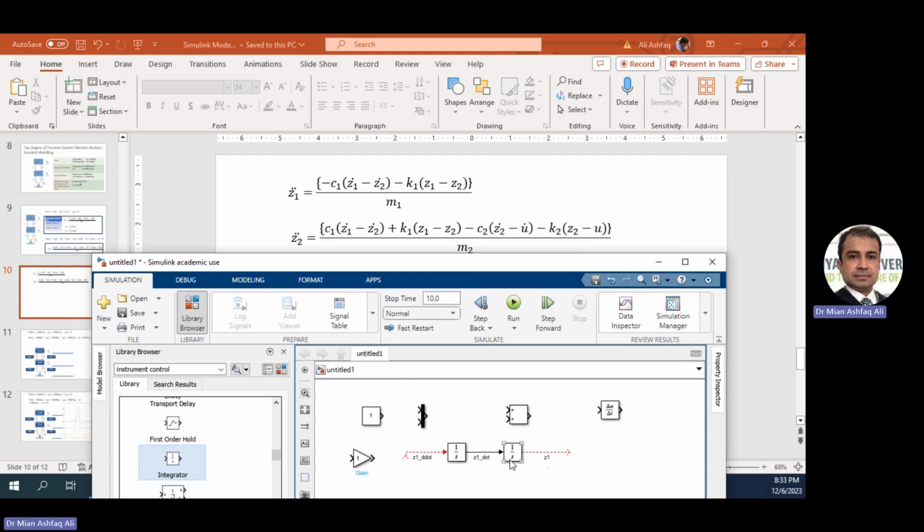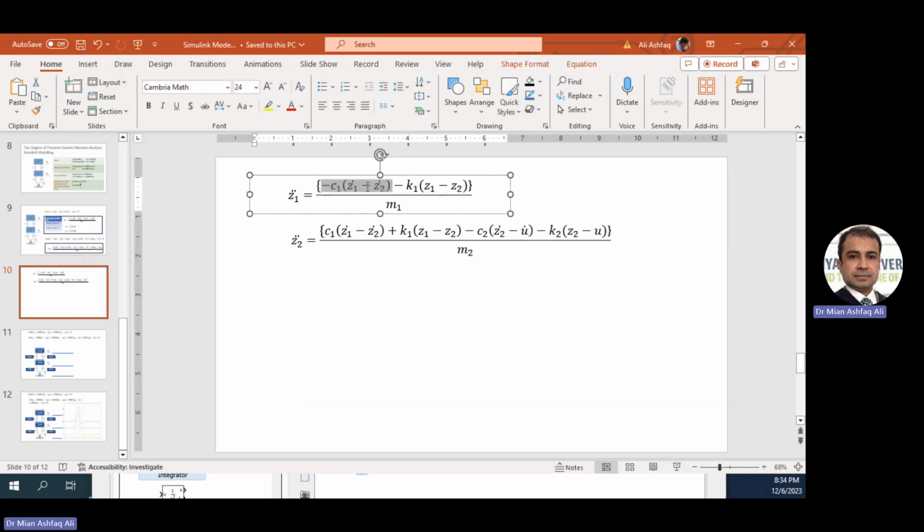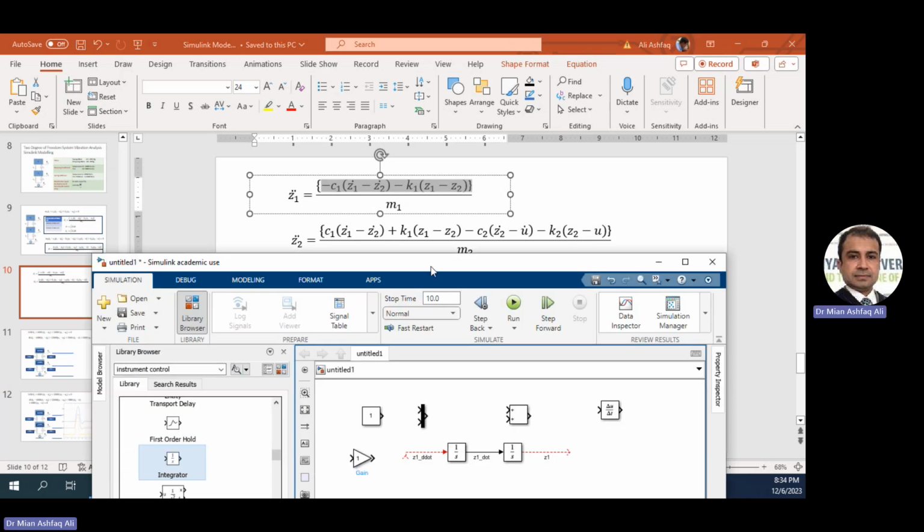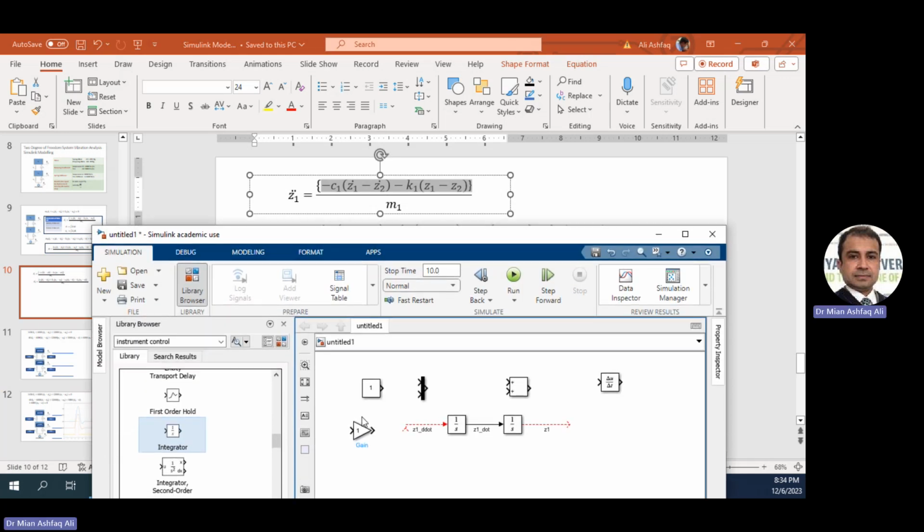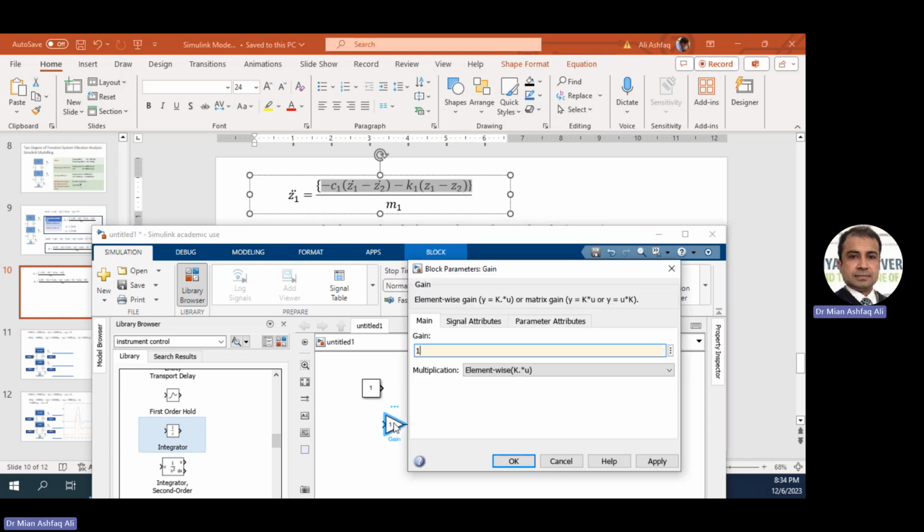If we think in this way, then how can we get this Z1 double dot? We can get some two forces, some two signals, and then divide this with M1. So I can make this signal out of summing up two signals and then dividing by 1 over m, so 1 divided by m1.